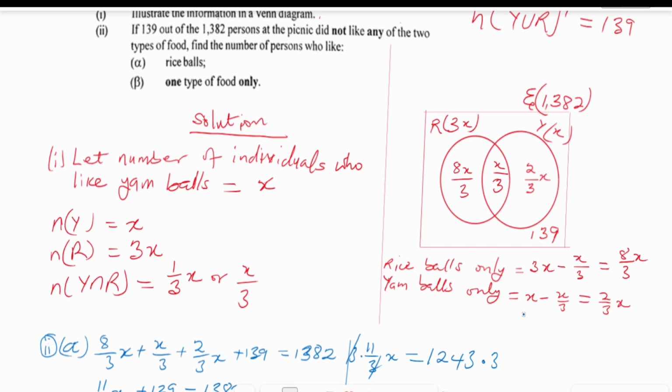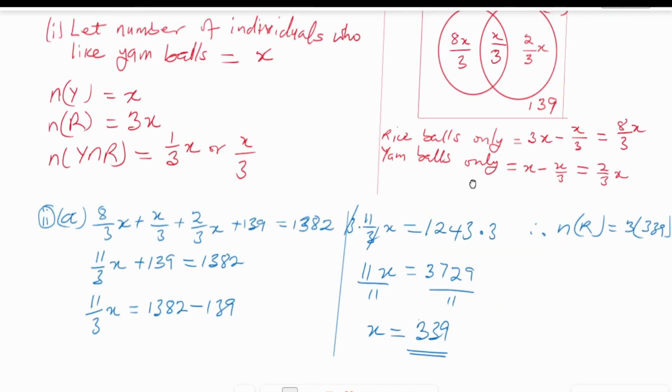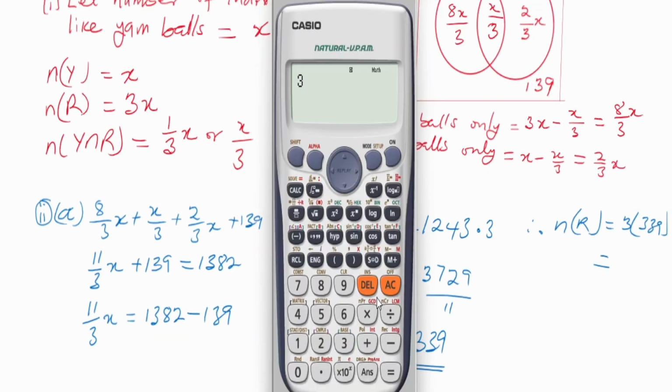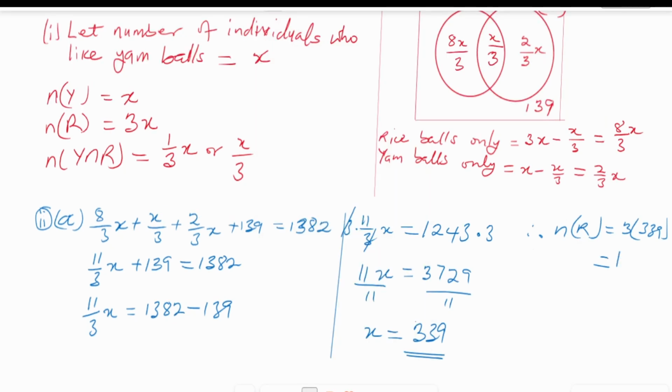So therefore, number of rice balls will be equal to 3 times 339, which is our answer for x. And that will be equal to, we go back to the calculator again, 3 times 339, 1017. So 1017.